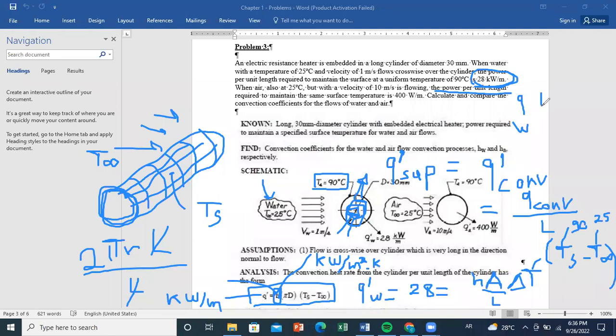So watt is equal to H times A times delta T. So to have the unit of watt, H should be in watt per meter square times Kelvin or degrees here.